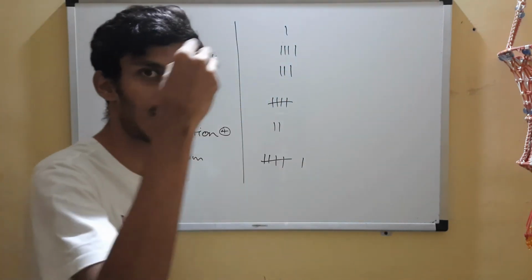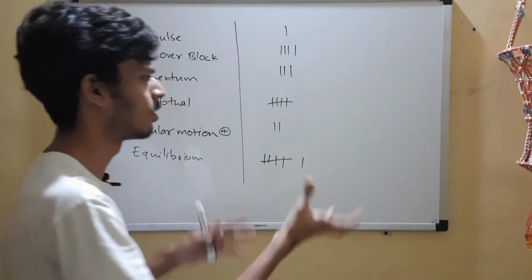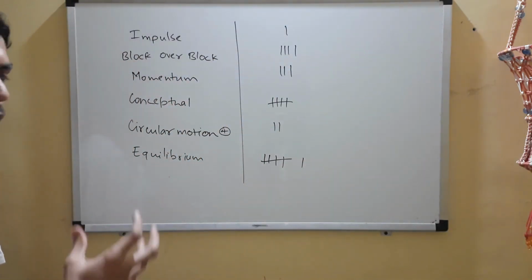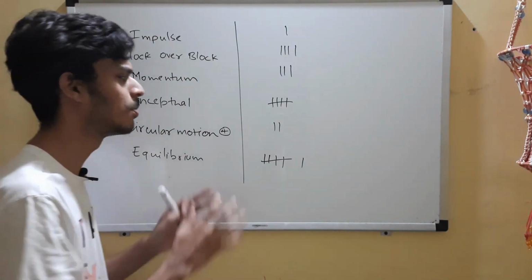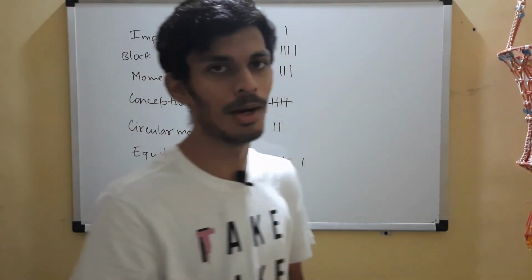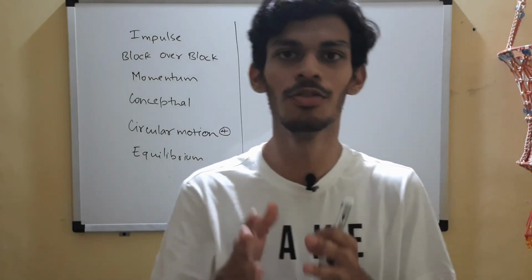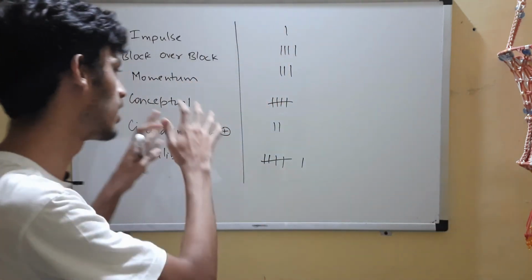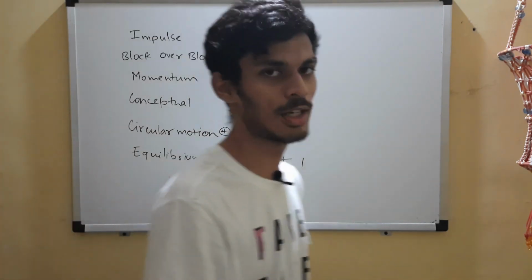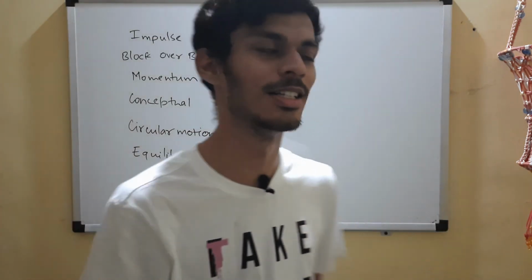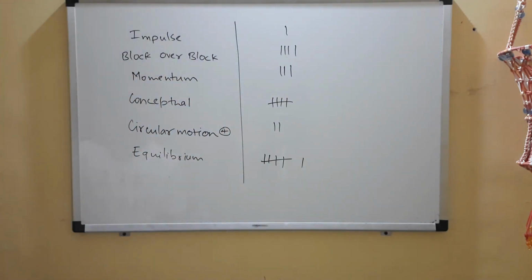Your concepts are put to test, based on laws of motion, maybe the theory type. Then circular motion, not many questions are asked, but I'll insist that you should focus on circular motion because it is a source of your easy to moderate category type questions, which are suitable for BITSAT. So focus on circular motion as well.